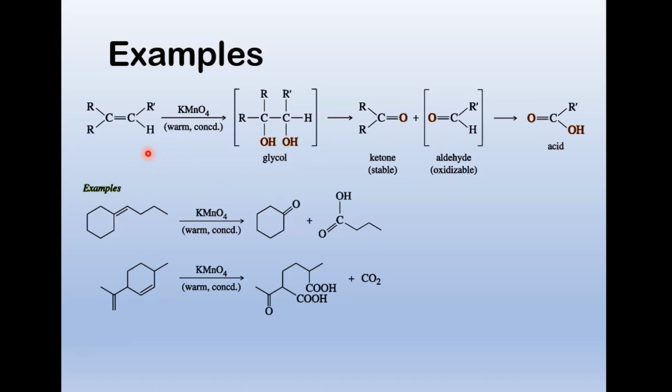So that last couple slides ago said, oh, we get ketones or carboxylic acids, and it said some stuff about disubstituted gives you the ketone, the monosubstituted gives you the carboxylic acid.